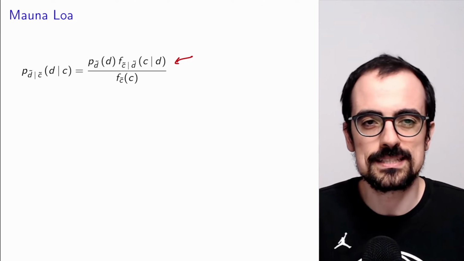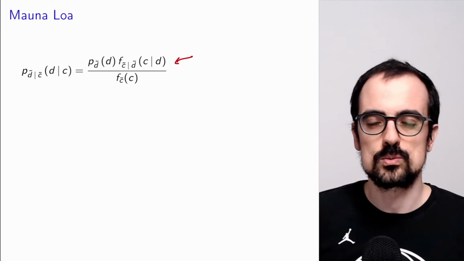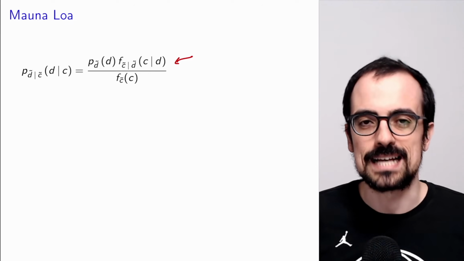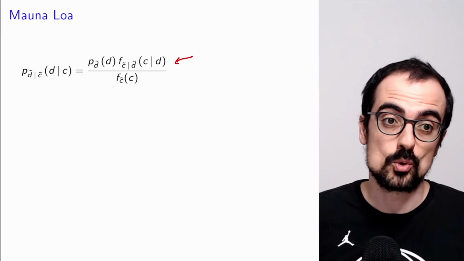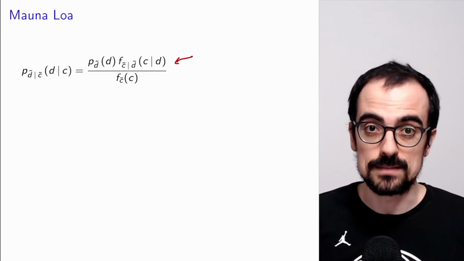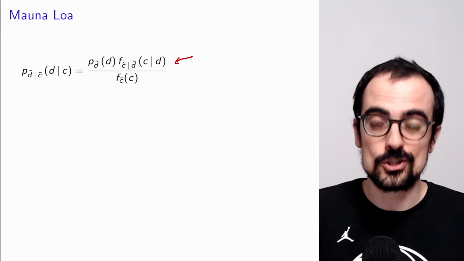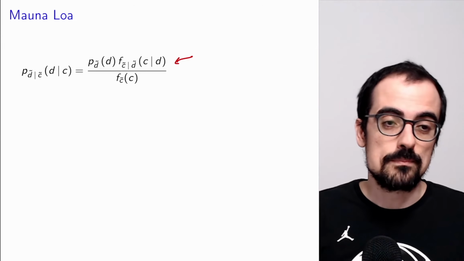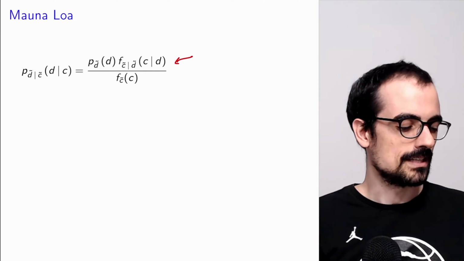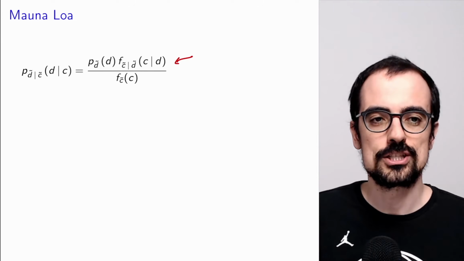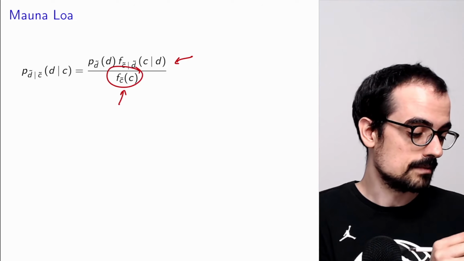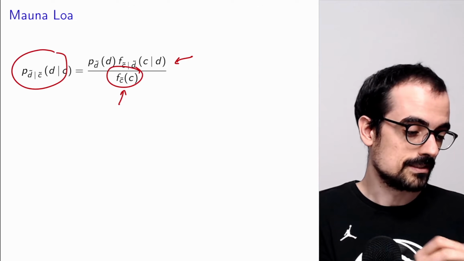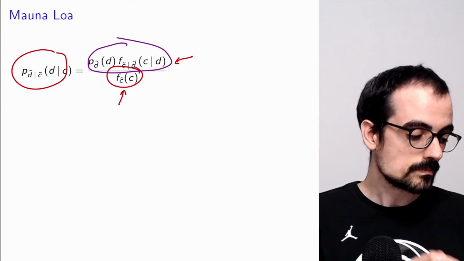The reason I say proxy is that in general, this is where you would put the joint PMF if we had two discrete random variables, or the joint PDF if you had two continuous random variables, and then you would divide by the marginal. Here we don't have any joints, so we put this proxy for the joint, that is the marginal PMF times the conditional PDF, and we divide by the marginal because we know that this multiplied by that by the chain rule is equal to this.